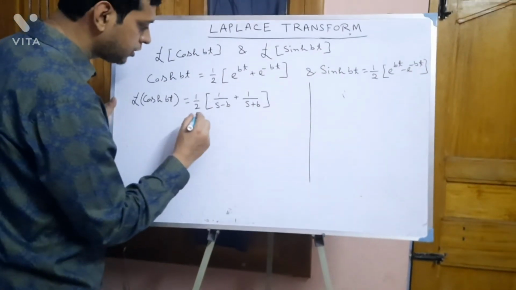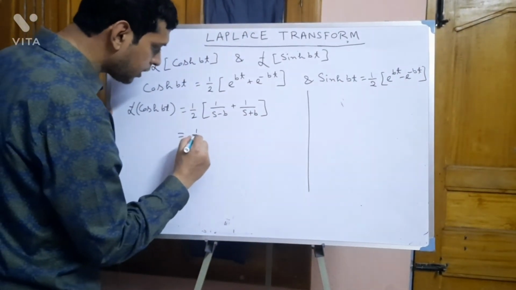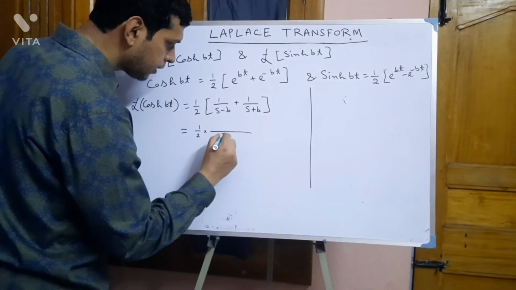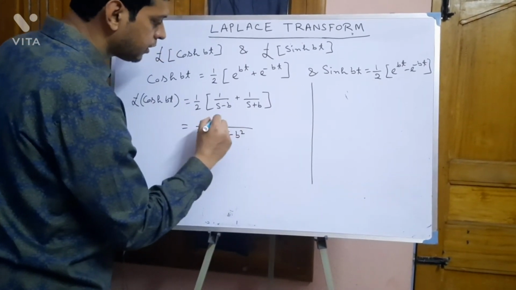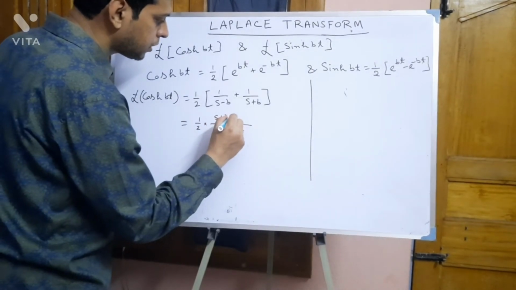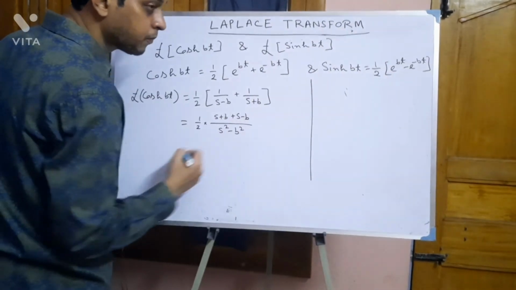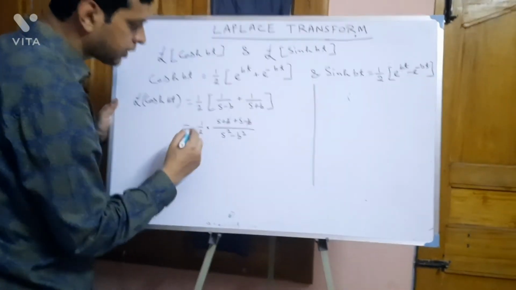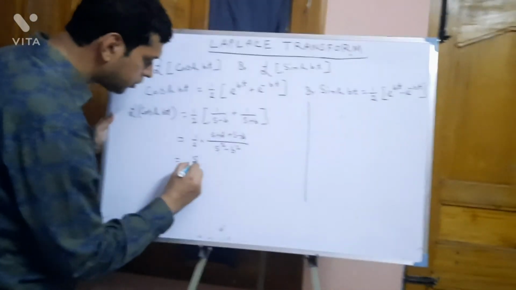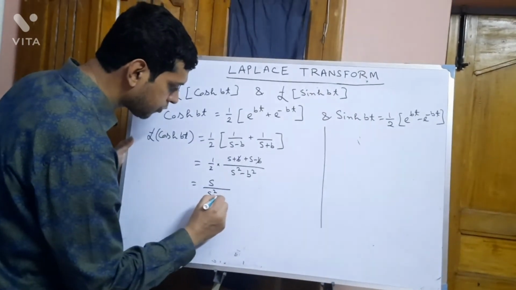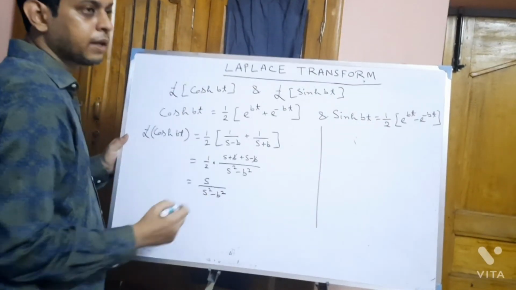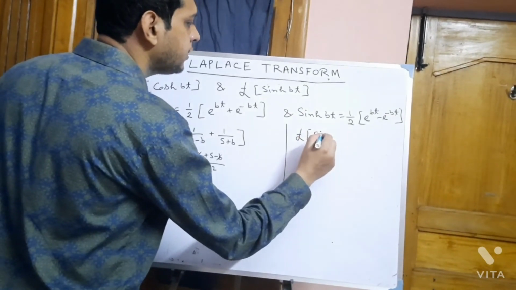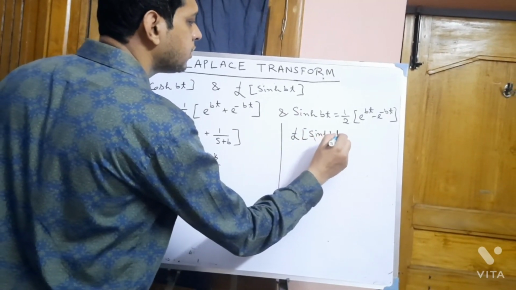So this is equal to half into, s square minus b square in the denominator and s plus b plus s minus b in the numerator. So plus b and minus b will cancel out. So this is equal to s by s square minus b square.